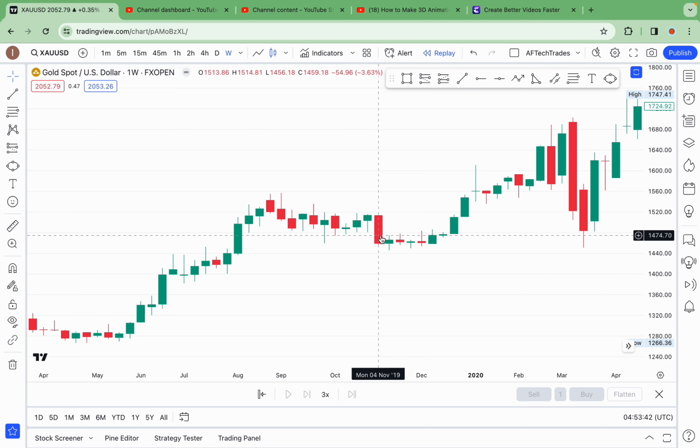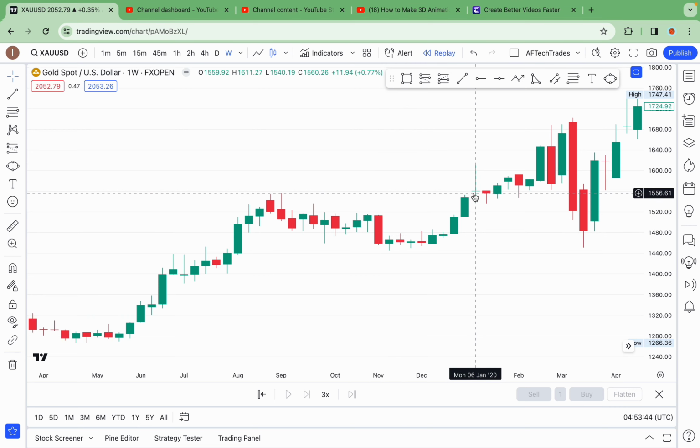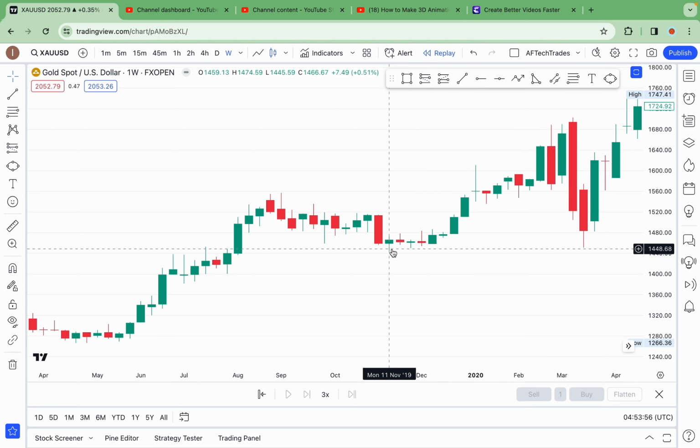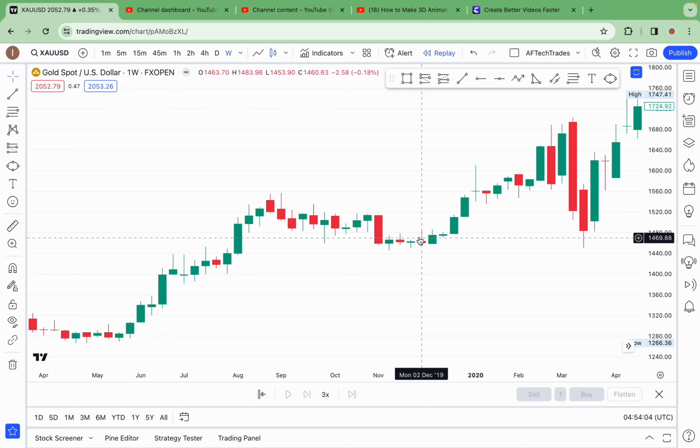Then you have the doji. Doji is where you have indecision, but it usually also denotes a turning point, where you don't have a body at all. Similarly here, this is short. What this tells us is that the range here is very close, which means there is less volume.